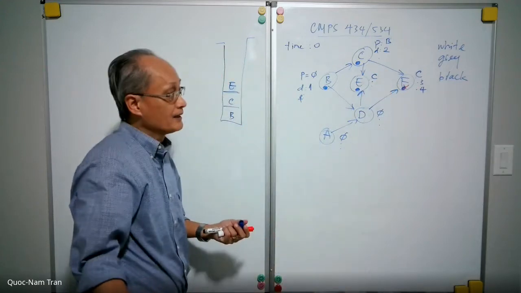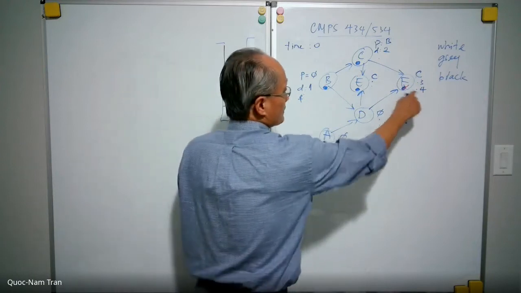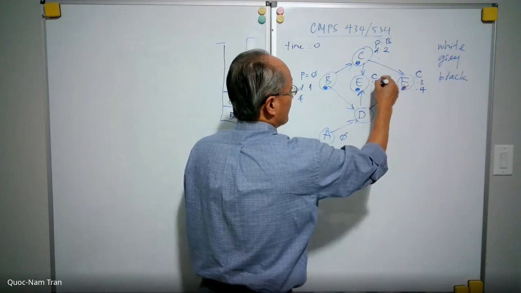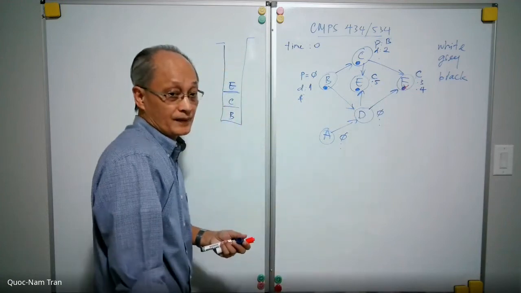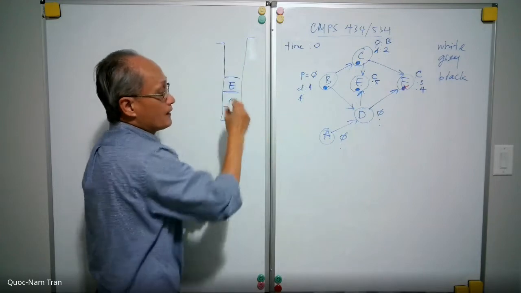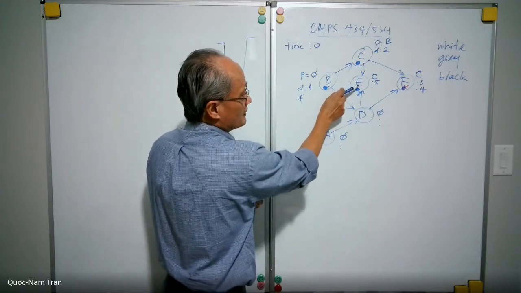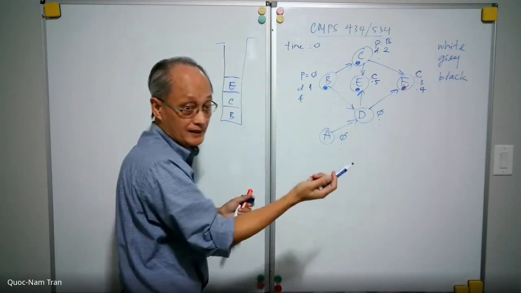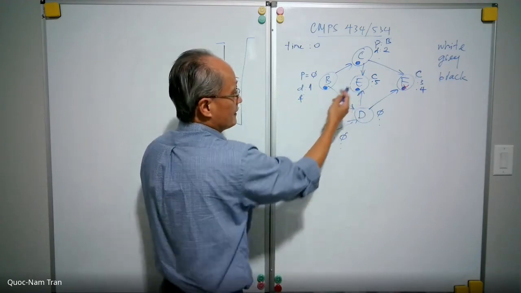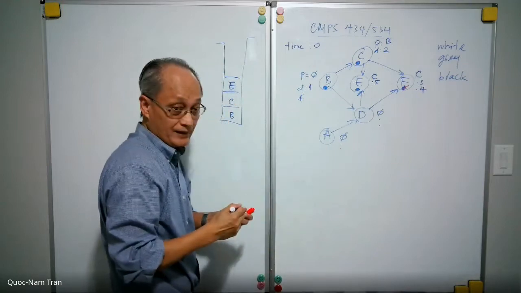The latest timer is 4, so this one will be 5. And now we look for an adjacent vertex of E that is white. We don't have anything.